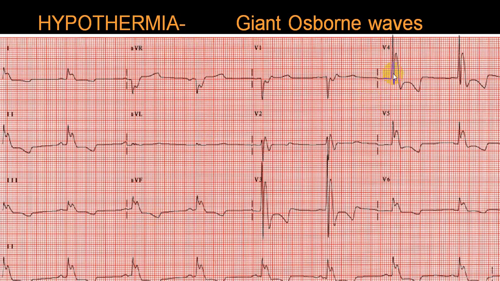So, very nice Osborn wave, and very characteristic in the chest leads. Also you can see it here in lead 2, lead 3, aVF, even in lead 1. Sometimes these are misdiagnosed as even infarct.